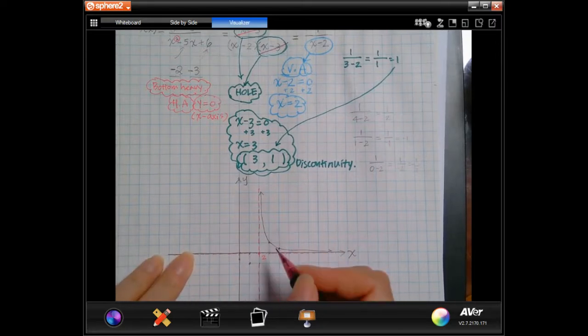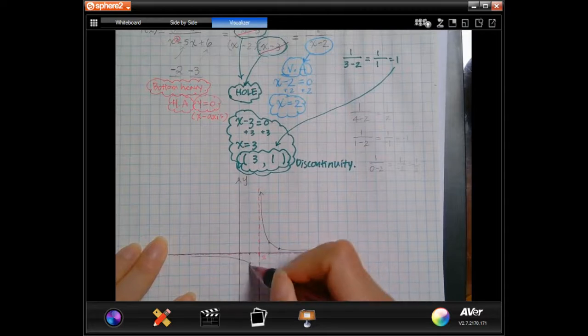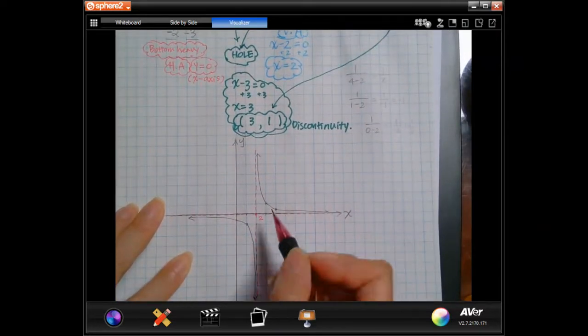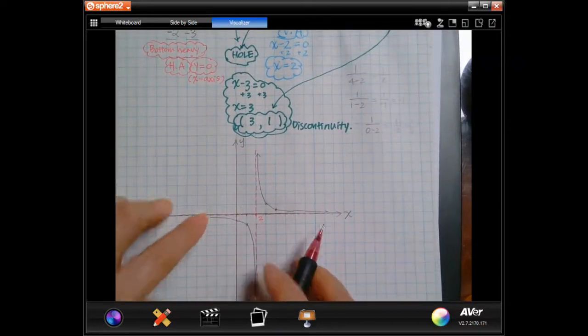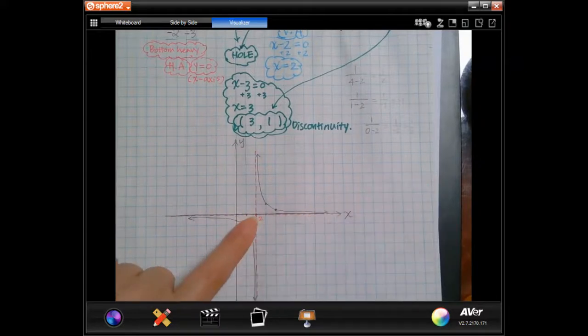Then this is exactly the reflection of the other curve up here. And then it makes a perfect reflection over the intersection of the 2 asymptotes there.